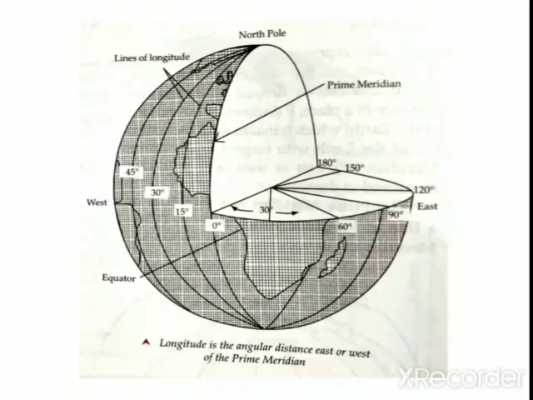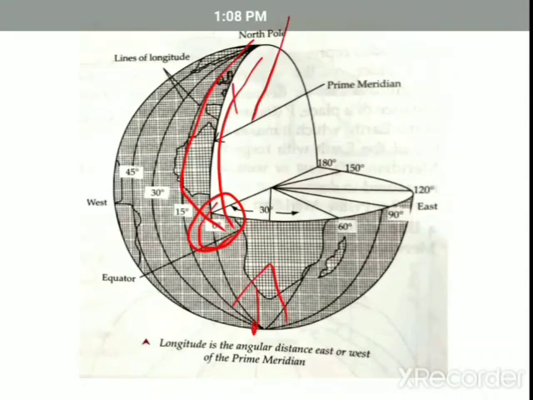When the longitudes come and intersect with the equator, this is the equator, 0 degree, it helps us to point out whether the place is in the south or whether it is in the north.